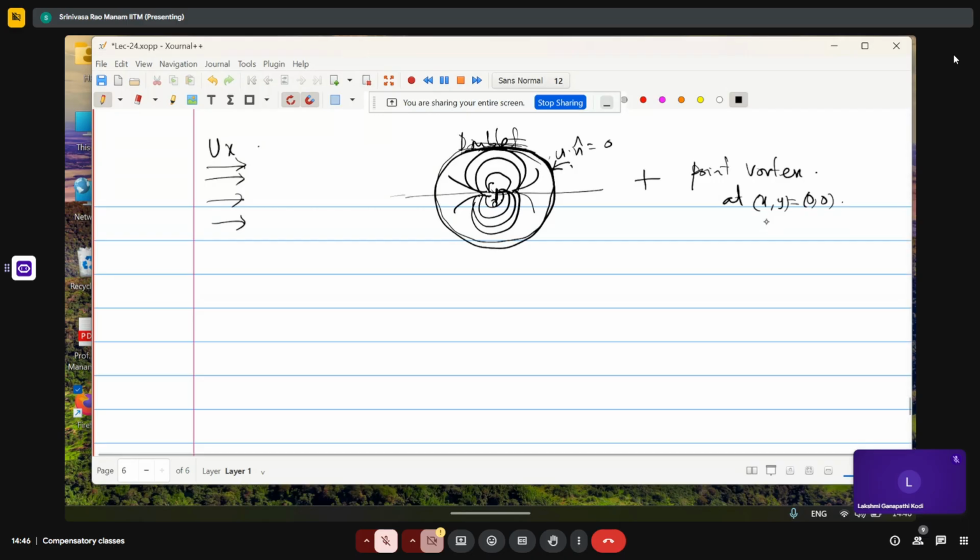So which direction? So you take the negative. So this is a negative vortex. Okay. Orientation is a negative vortex. Okay. So the vortex strength is negative, or clockwise direction.